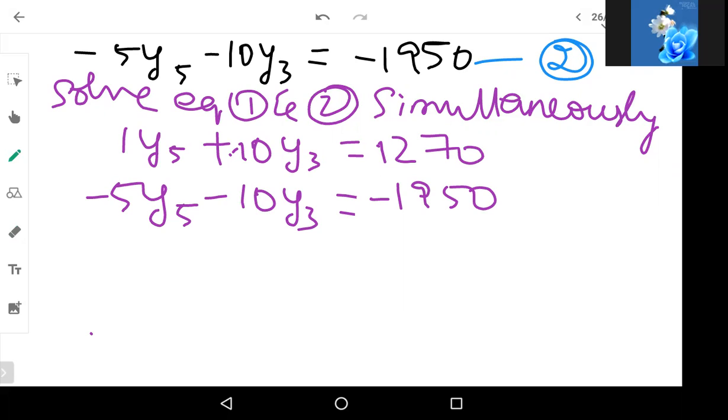Okay, now if you see here, you already have plus 10y3 and minus 10y3. So I think we'll be able to cancel it directly. So let us finish that off. It's much easier now because these two will get cancelled directly because the coefficients are same.